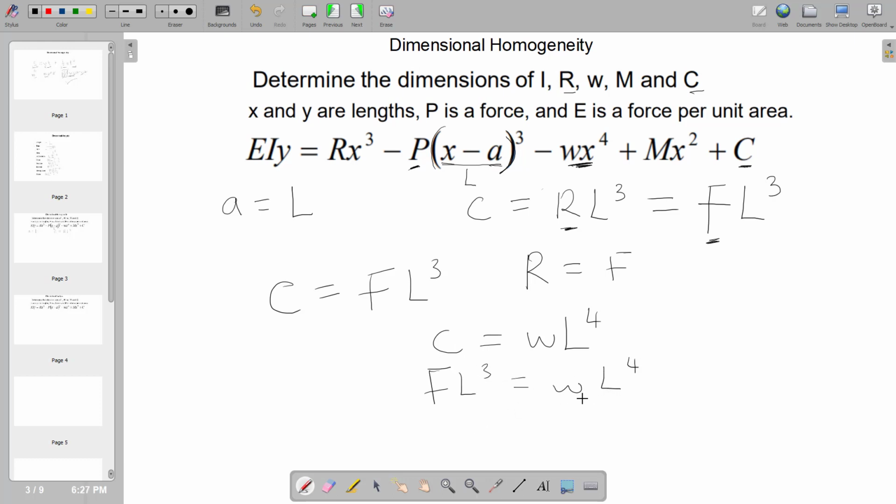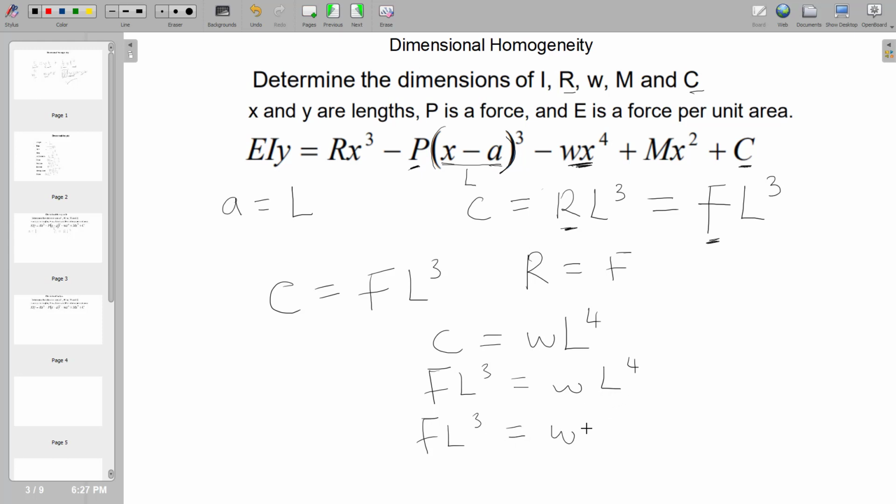So we can compare both sides and find out the dimension of W. We can express our right hand side as W times L cubed, because we want it to resemble our left hand side. So as you can see here, we have L cubed here, L cubed here.